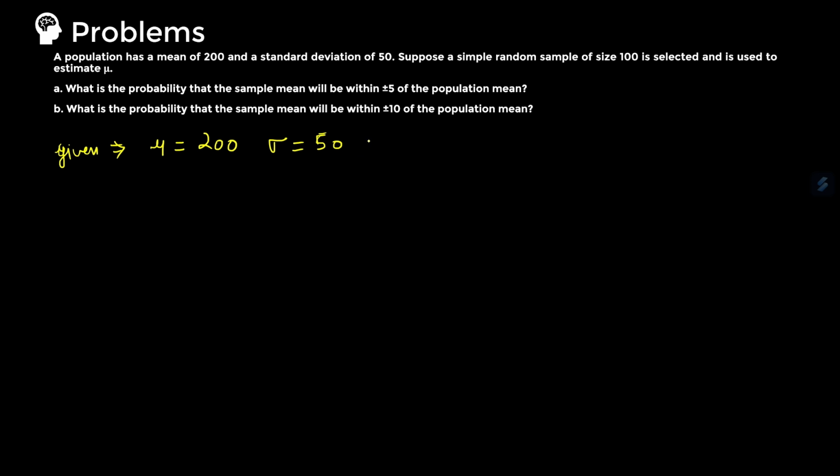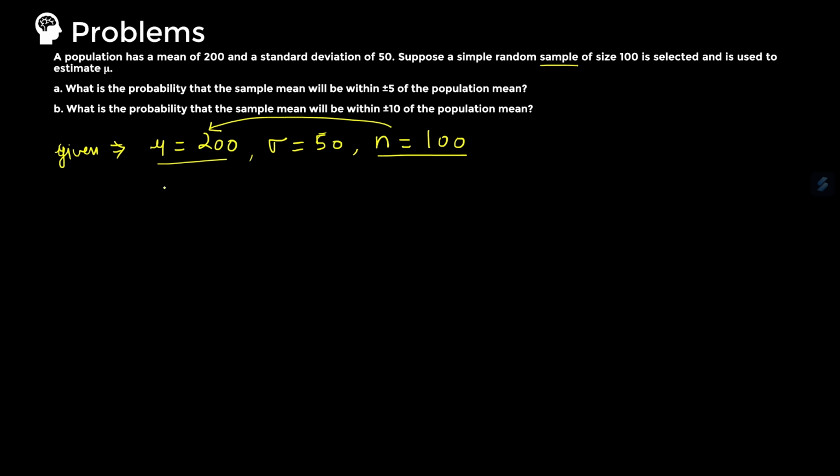Suppose a simple random sample of size, again the word sample comes, so we will use small n, of size 100, which has been selected. They randomly selected this sample, and it is used to estimate mu. So they have used this sample to estimate this mu.